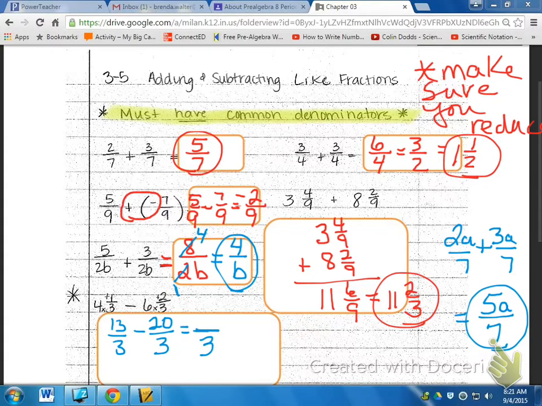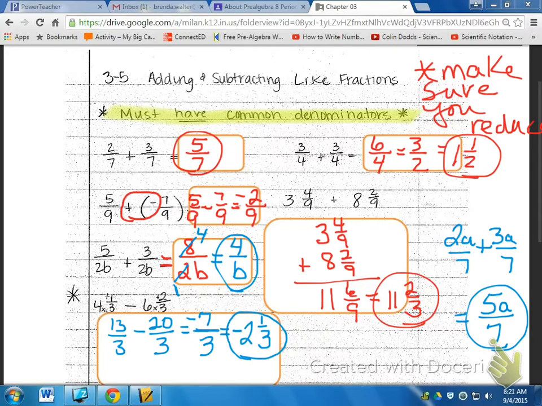And if I have 13 and I lose 20, where would I be? -7. Then you do have to make that back into a mixed number, but we know it's going to be negative. -2 1/3, because 3 goes into 7 2 full times with 1 left over, so -2 1/3.